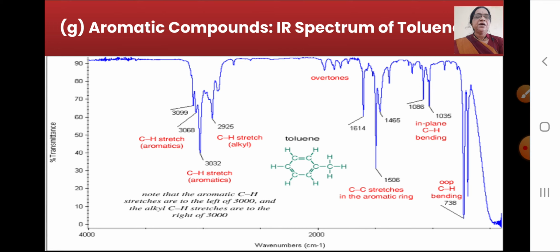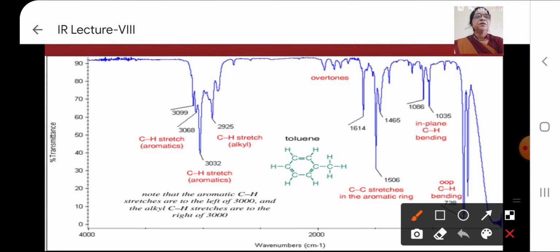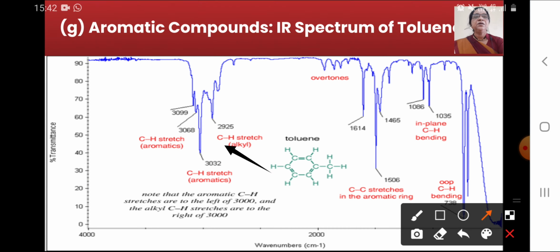This means that the aromatic CH has a higher frequency than the CH of alkanes. It is observed at 3099 and 3068, while the CH3 stretch is observed at 2925 per centimeter. Here the CH stretch is due to the alkyl group and this one is due to the aromatic CH.